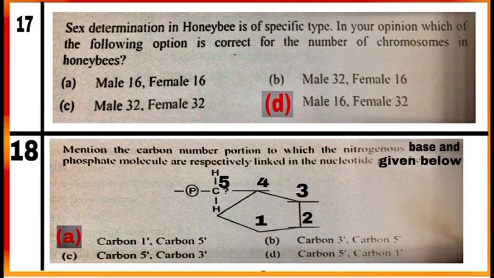Question 18. Mention the carbon number to which the nitrogenous base and phosphate molecule are respectively linked in the nucleotide given below. In the given structure of the nucleotide, the nitrogenous base will attach at carbon 1 and the phosphate group at carbon 5. So here mark A as the correct answer.